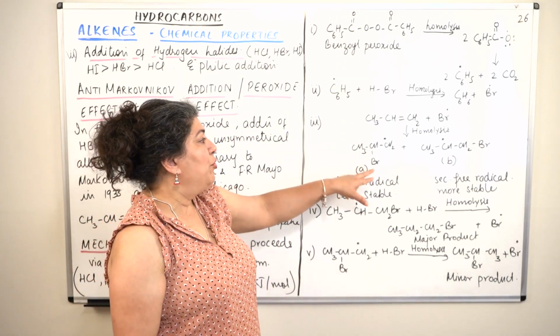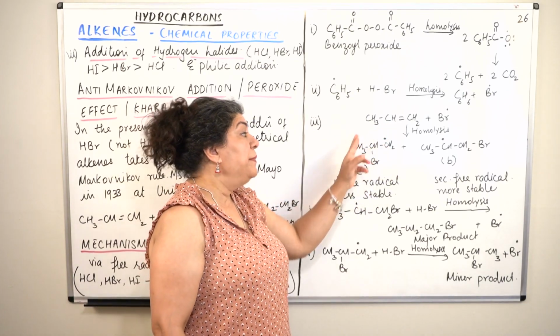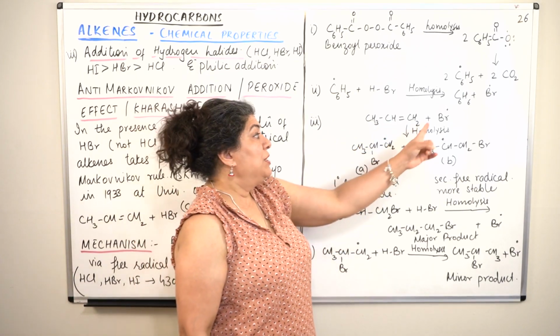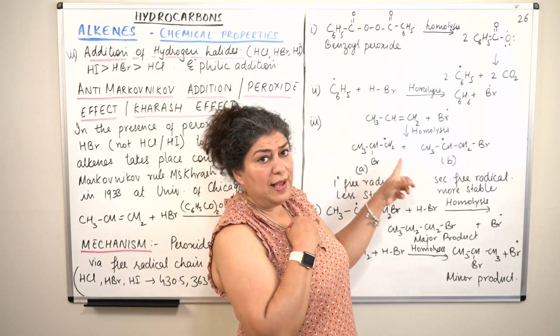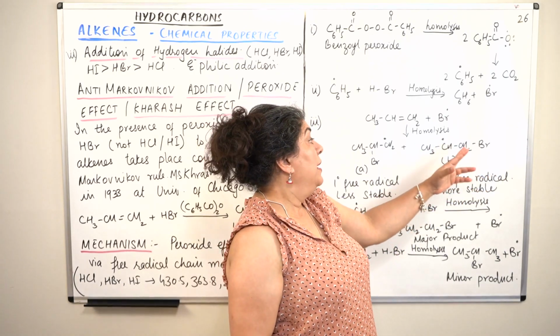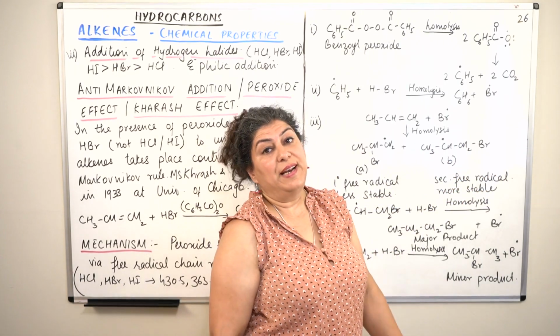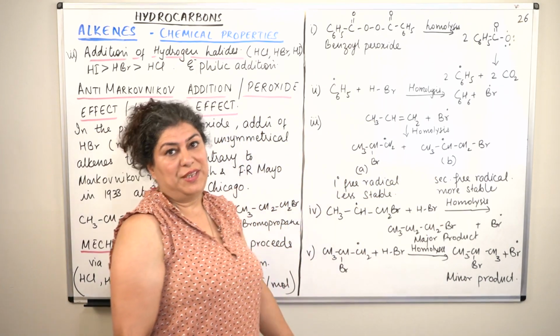So if the bromine free radical adds to the second carbon, then a primary free radical is formed. But if the bromine free radical adds to the first carbon, here the terminal carbon, then a secondary free radical is formed. So this is 1 degree, this is 2 degree.